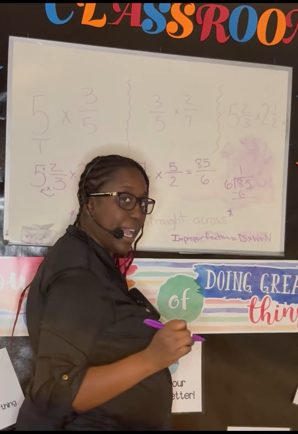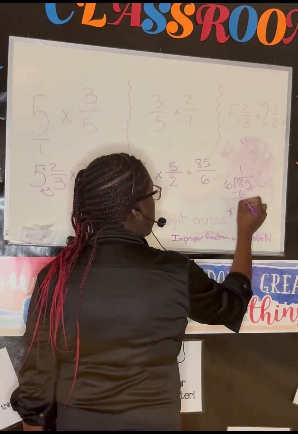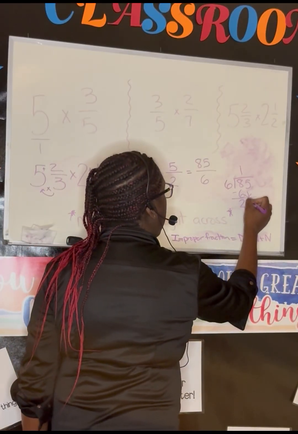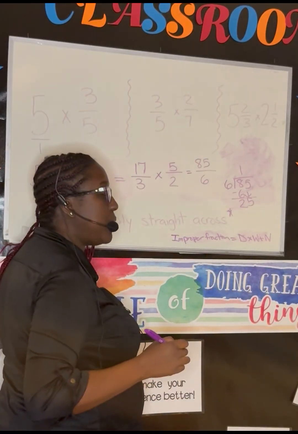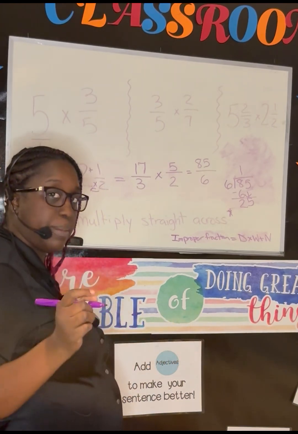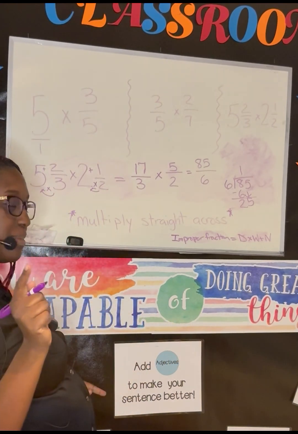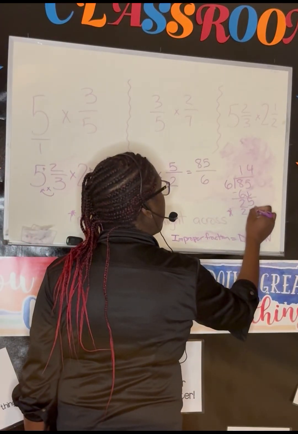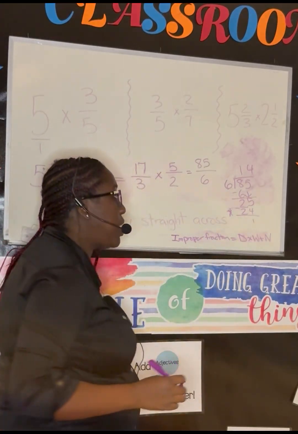Then we're going to subtract. 8 minus 6 is 2. And then we're going to bring down that 5. 6 goes into 25. How many times, guys? Think about it. Time's up. 4. 6 times 4 is 24. And that's going to leave us with 1.